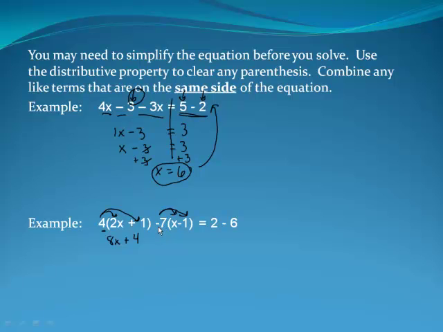Then we have to distribute that 7 too, and you want to distribute the sign with it in order to get your signs worked out. So minus 7 times x is minus 7x, and minus 7 times minus 1, be careful here, negative times negative is a positive, and 7 times 1 is 7. So again, negative 7 and negative 1 is a positive 7, and that's equal to 2 minus 6 on our right-hand side.